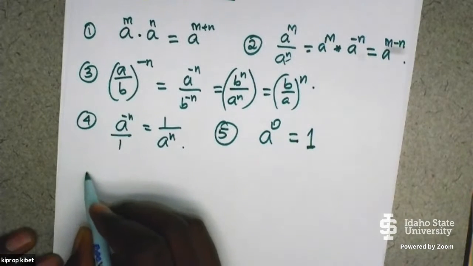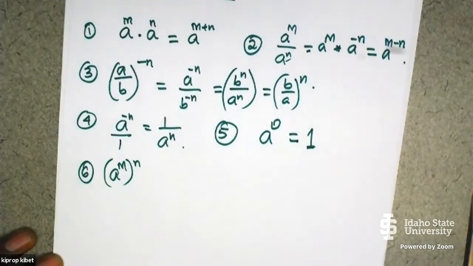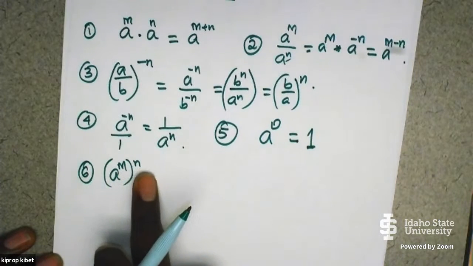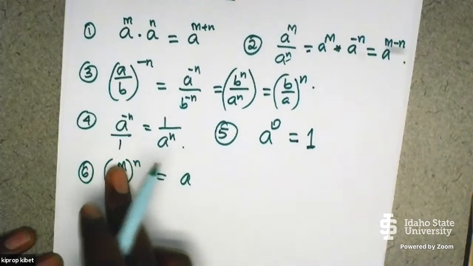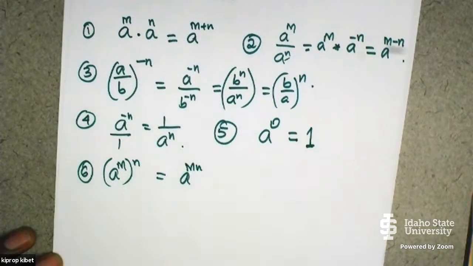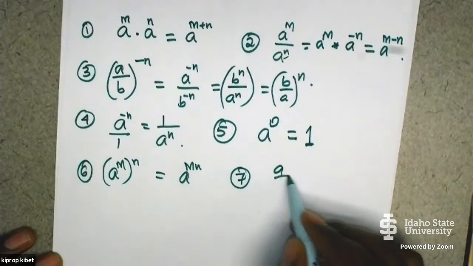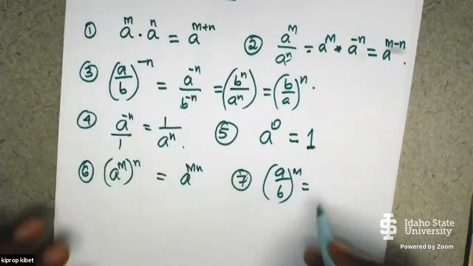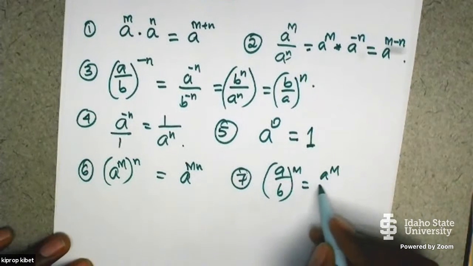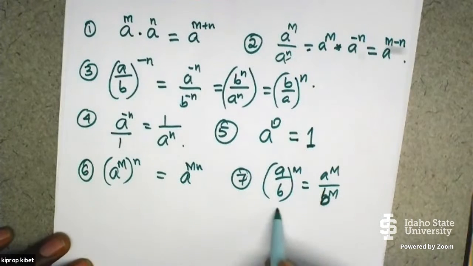Now, number 6, a raised to m, and then again raised to n, is equal to a raised to m times n, distributing the power there. And then number 7, a all over b raised to m is similar to what we did here, which is equal to a raised to m all over b raised to m.